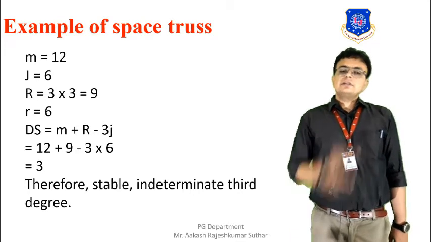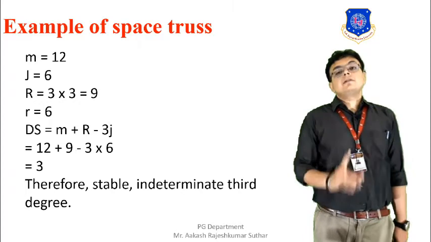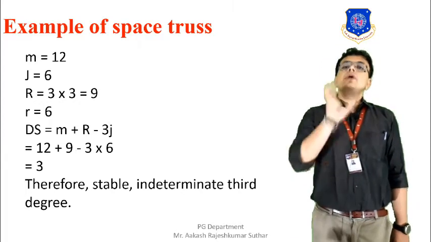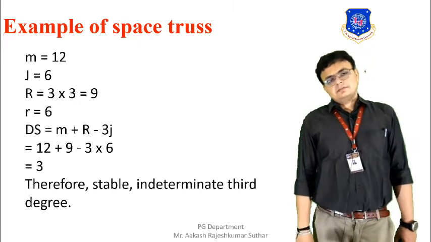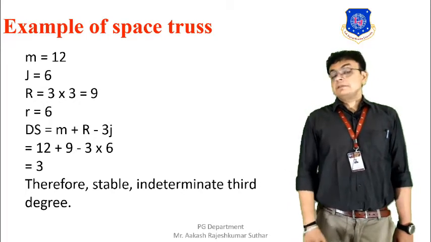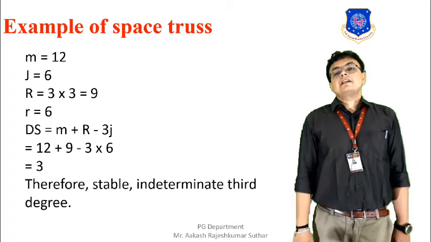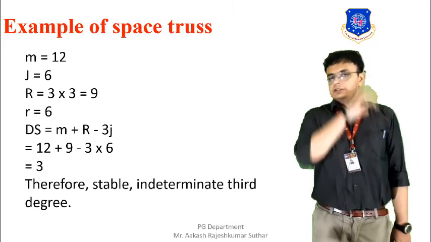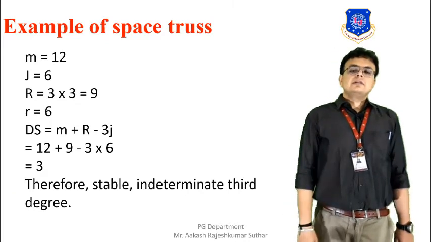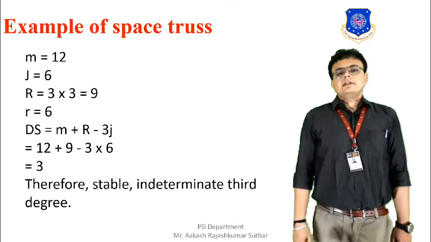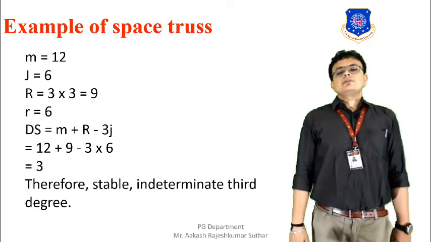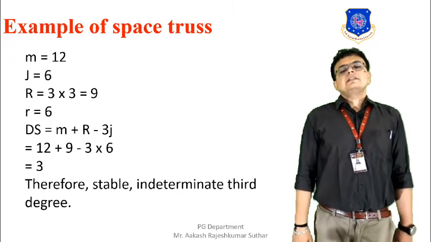The conditions of equilibrium available for the space truss are equal to 6. Based on that, we have a formula. In the previous session, we discussed that ds is equal to m plus capital R minus 3j.